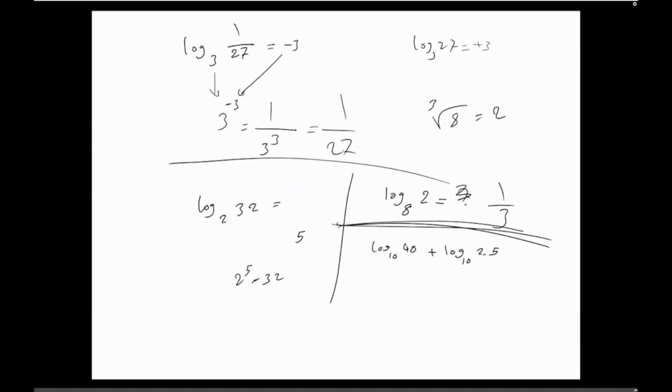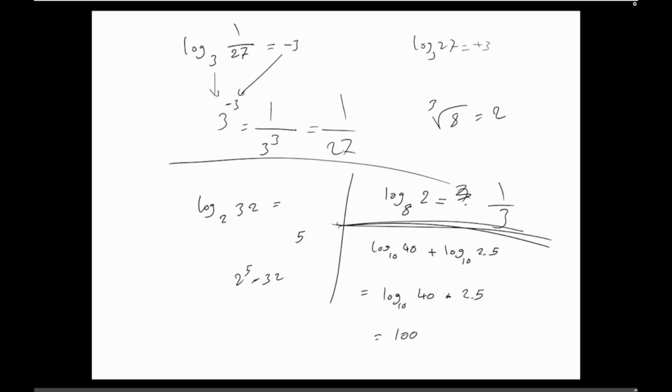We're going to start the solution from here. We said if we have the plus sign, then when we convert it, since they have the same base, we could write it this way, which is 40 multiplied by 2.5. And if we multiply this, if we put the 0 over here, we get 1, and we end up with 100.